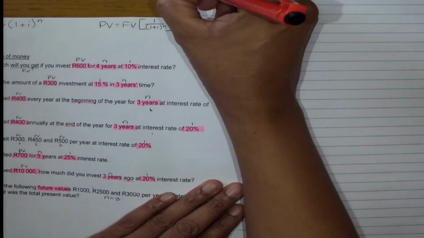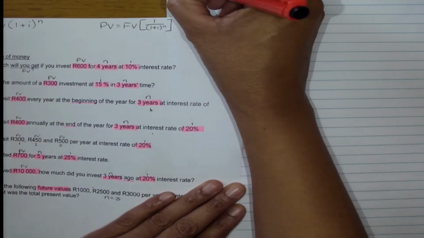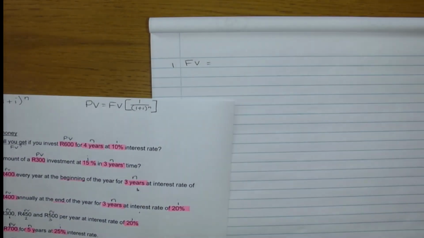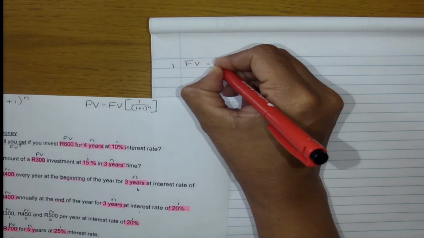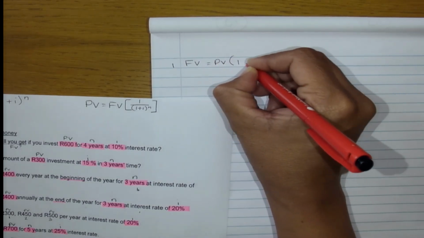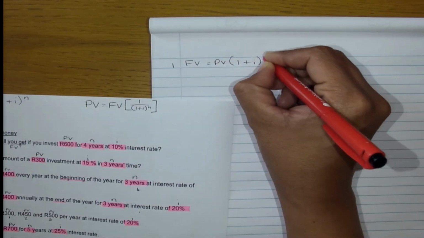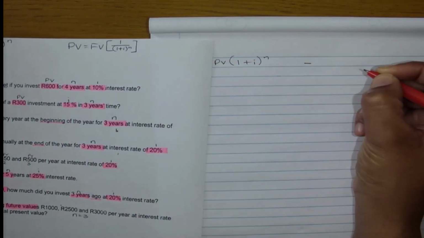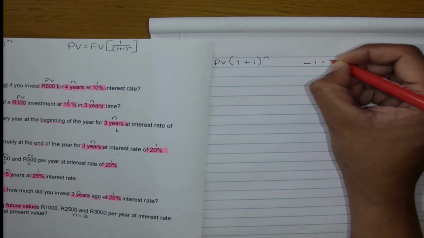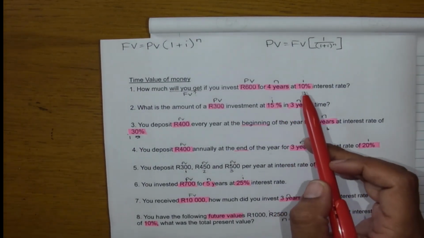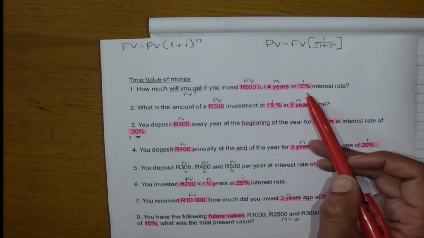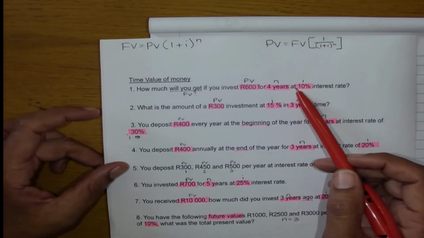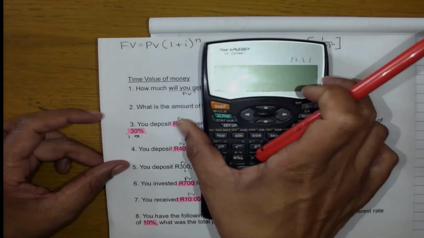So I'm going to say, number 1, I want the future value is equal to PV, open bracket, 1 plus I to the power N, right? So now, what is I? I is equal to 10%. Now remember, you cannot work with the percentage. In the sum, you need to convert it. If you want to convert a percentage, you always divide it by 100.